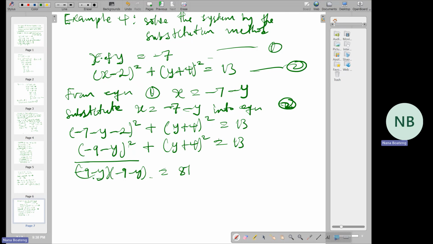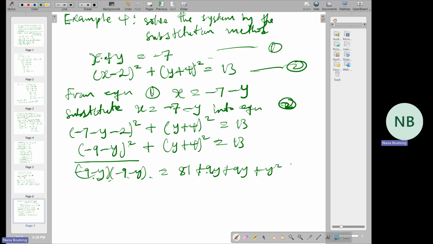Negative 9 times negative y is positive 9y. Negative y times negative 9 is also positive 9y. Negative y times negative y is y squared.